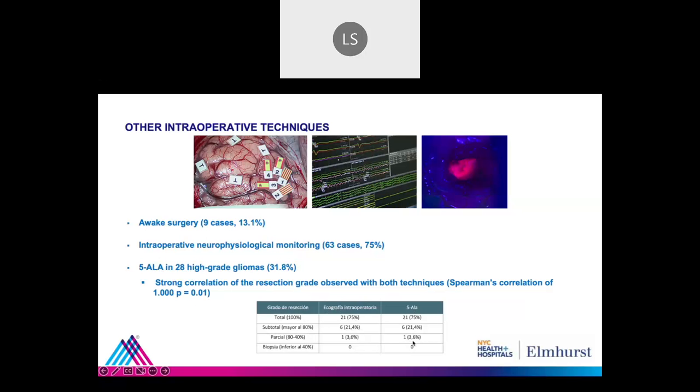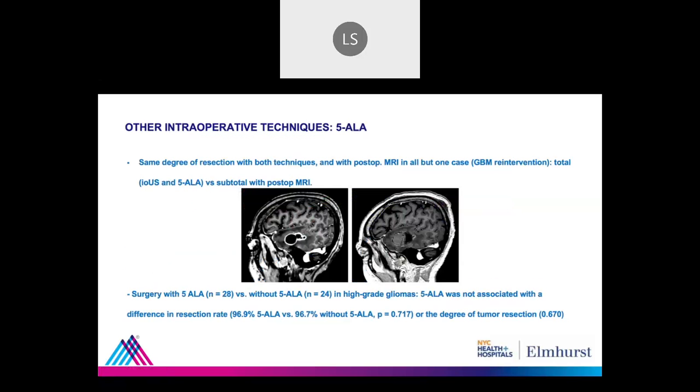So it was comparable with the 5-ALA. It showed us the same results in all patients, and it was comparable with the MRI in all cases but one, in which we thought with the 5-ALA and with the ultrasound that the resection was total, and then we could see this small rim of residual tumor with the post-op MRI.